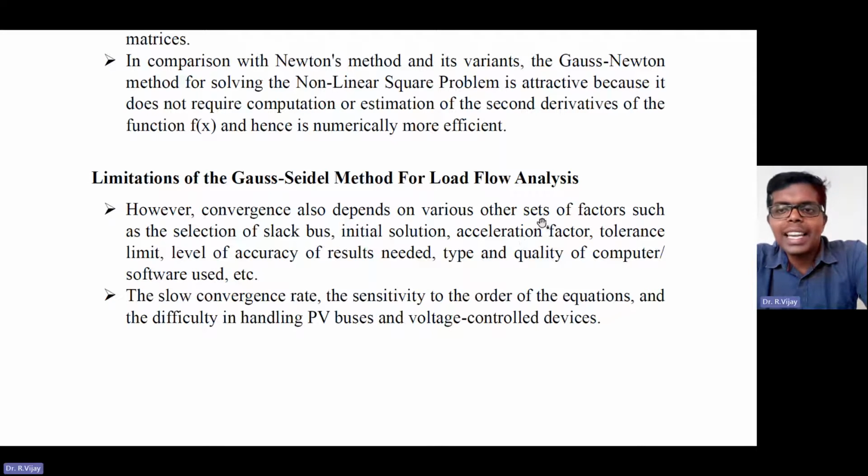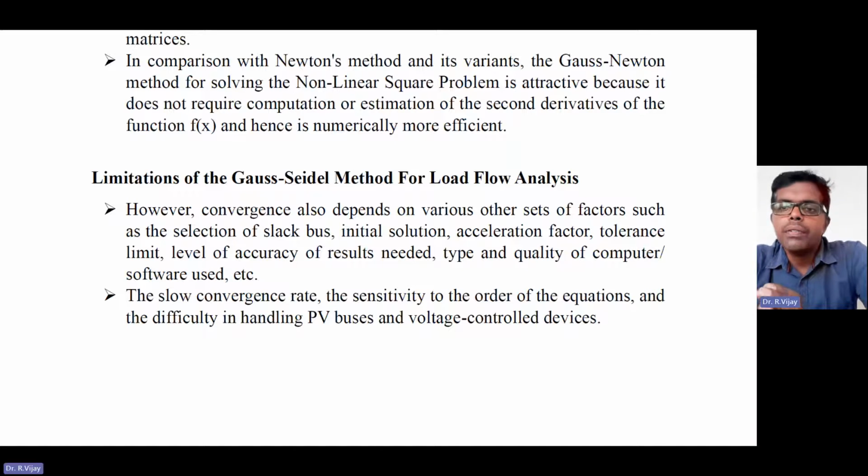And for the acceleration factor, we have taken alpha equal to 1.6. So convergence depends on the number of buses, the selection of the slack bus, initial solution, acceleration factor, tolerance limit, level of accuracy, and also the quality of the software used.